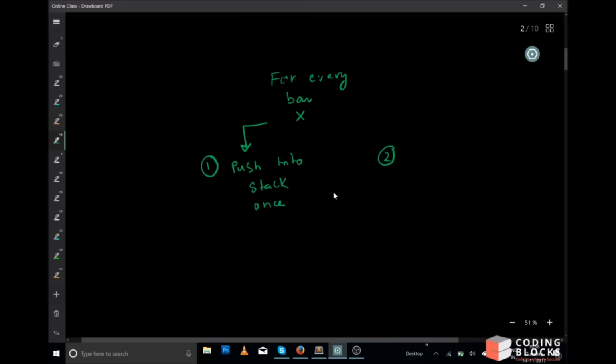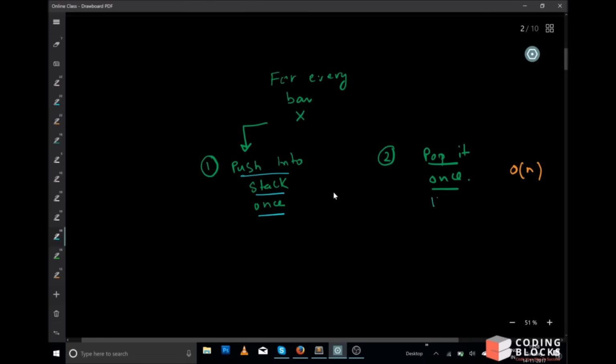Since every bar is being pushed only once and popped only once, we are going to say the solution has O of n complexity, because every bar is getting into the stack once and getting out of the stack once, right?